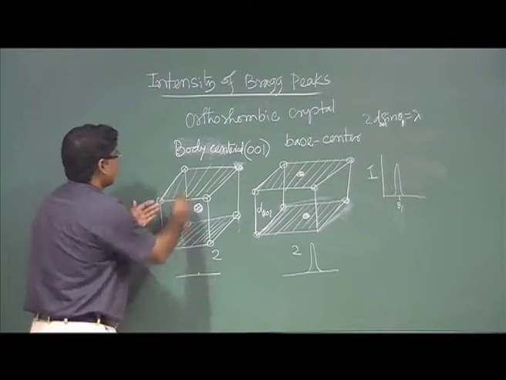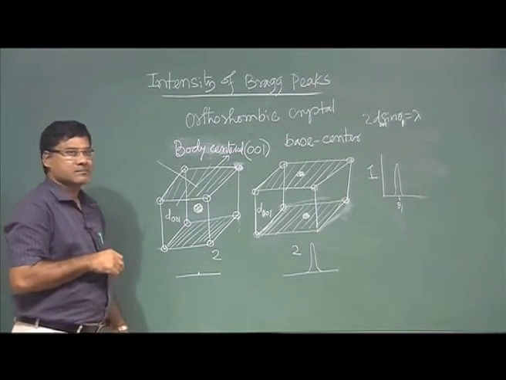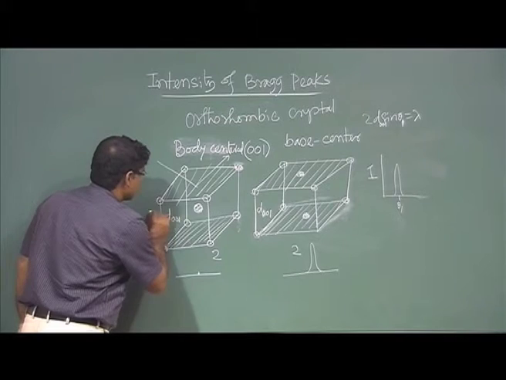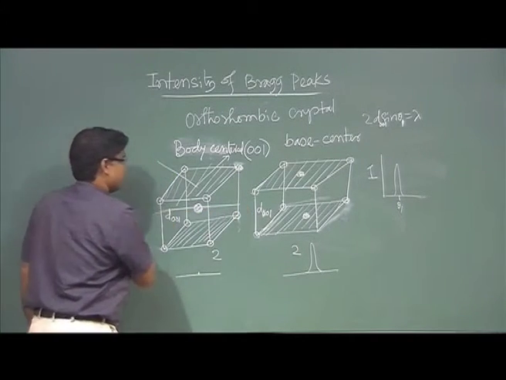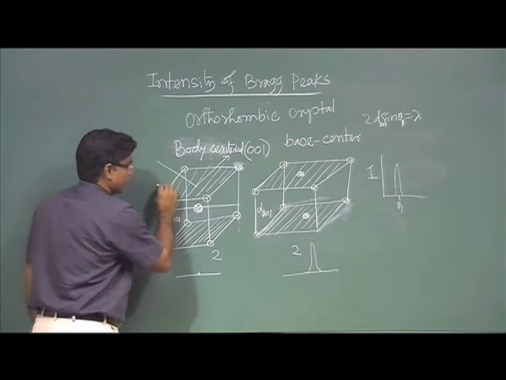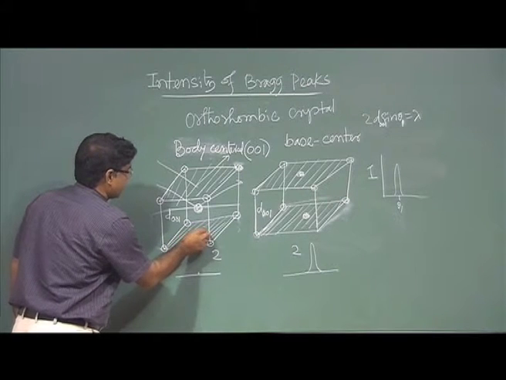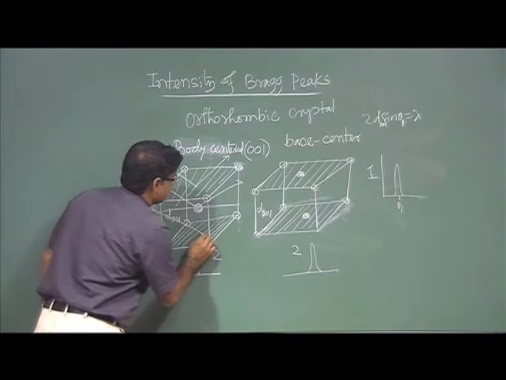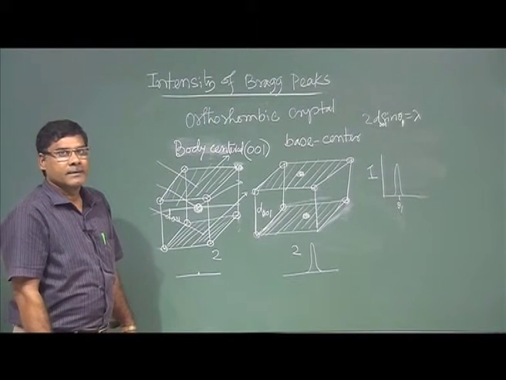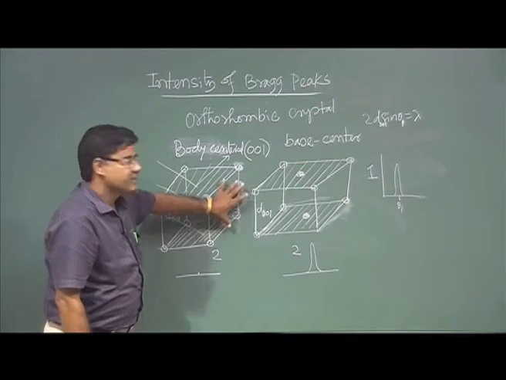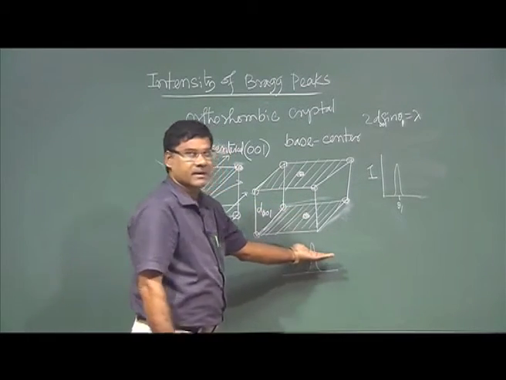Okay. What is the reason? The reason is that from this plane, and here also you will get one plane, there will be reflection or diffraction from this plane, and from this plane there will also be diffraction. They will interfere and give the Bragg peak.